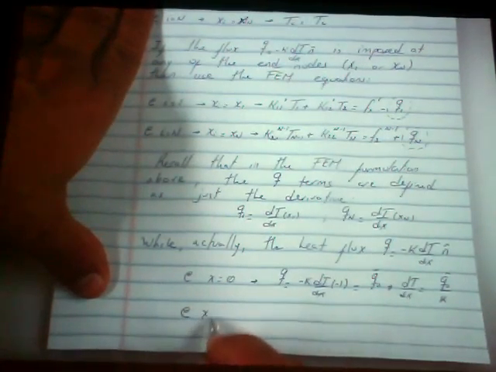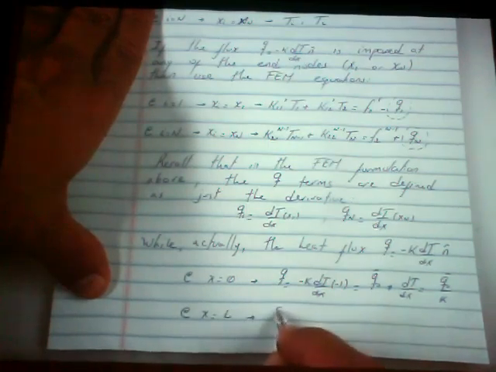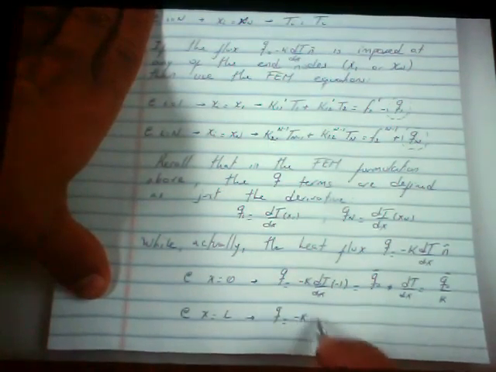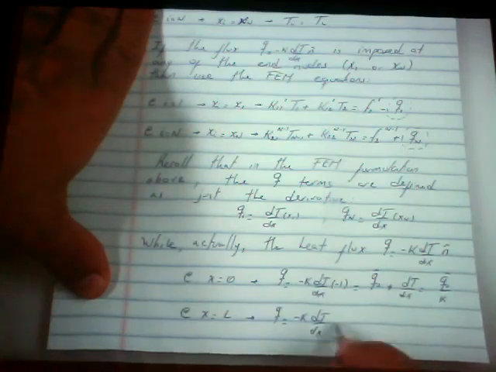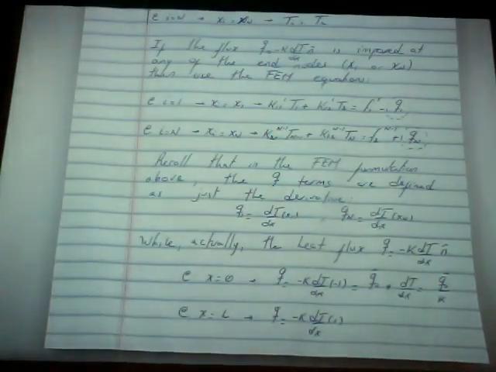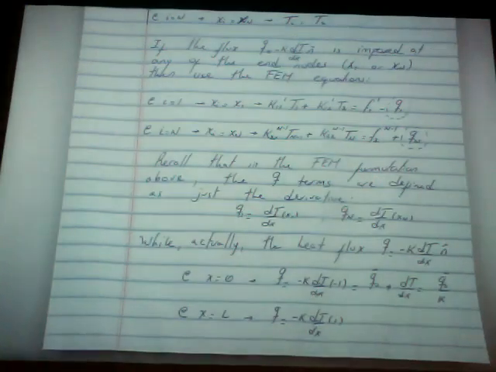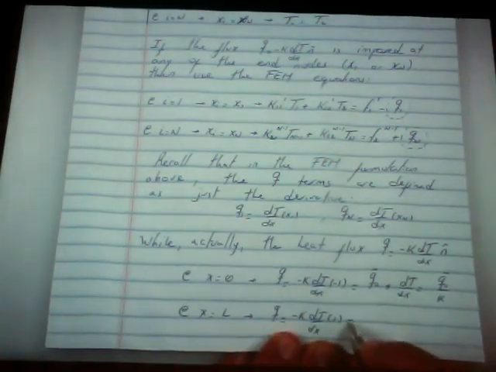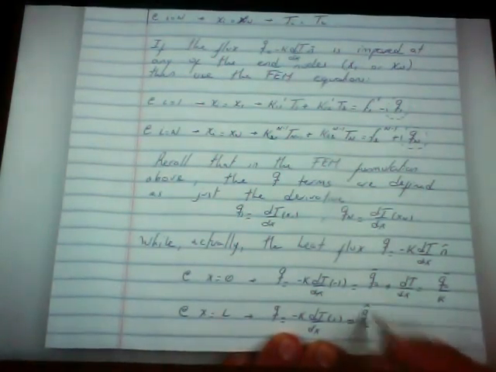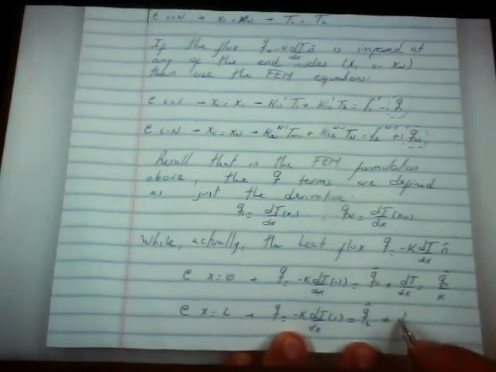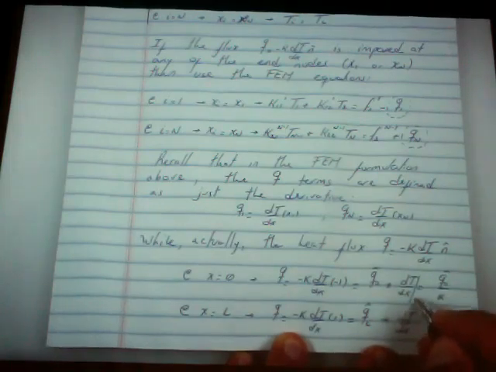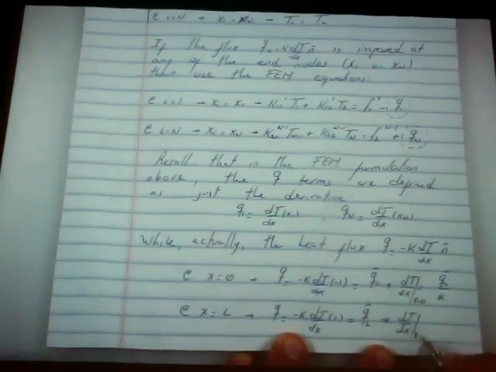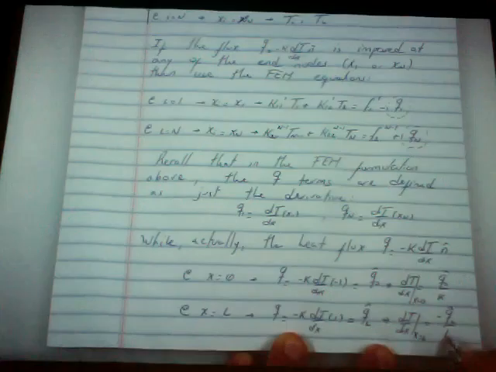While at x equals L, Q is equal to k dT/dx, and on the right hand side of the domain the normal vector points to the right, so it's positive 1, and if it imposes a QL, then dT/dx at x equal L is equal to QL over k.